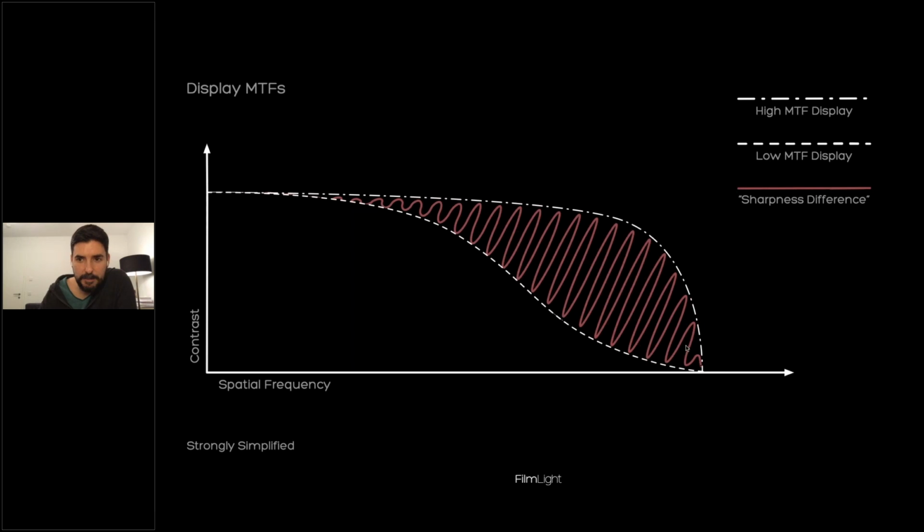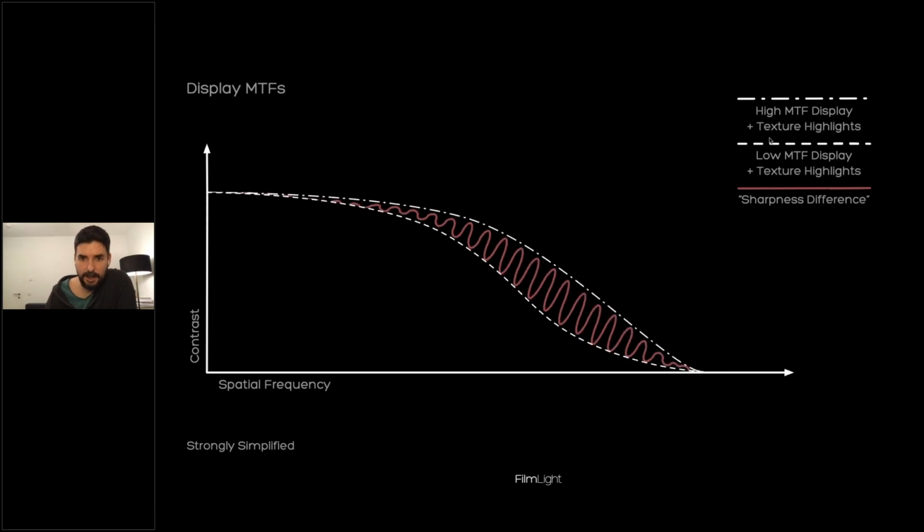So in Baselight, one of the main use cases, though not the only one, of that operator is the texture highlights operator, which is actually just simulating a low MTF, or basically rendering or baking it into the image. So it's reducing the modulation based on the spatial frequency. It's not allowing the full contrast for fine details.